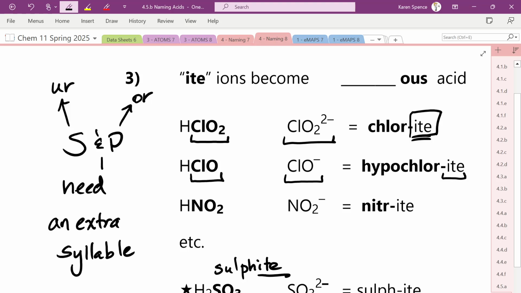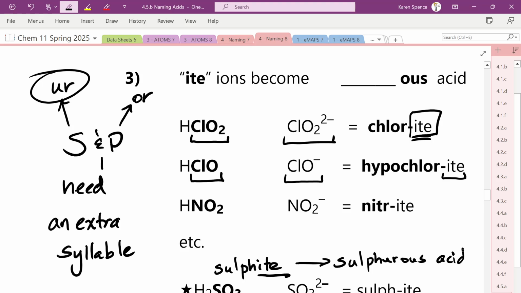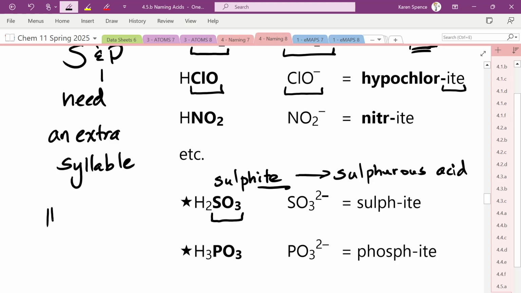But we need sulfurous acid, so we have to put that extra ur in there. Okay? Sulfurous acid.